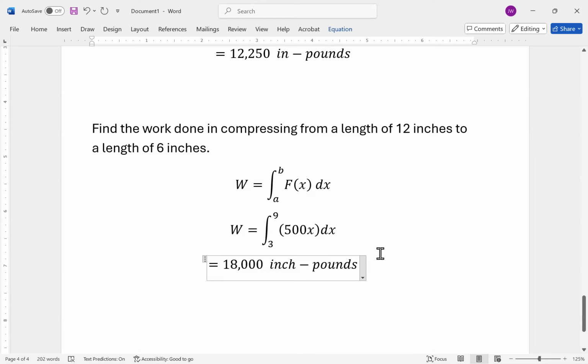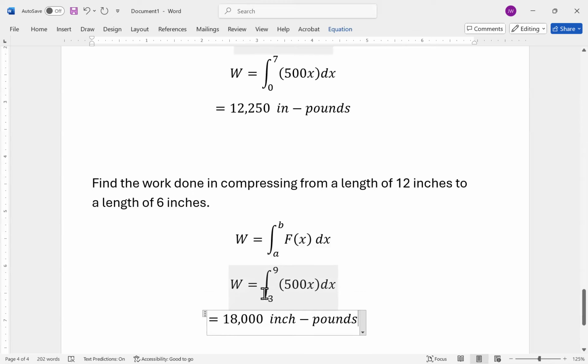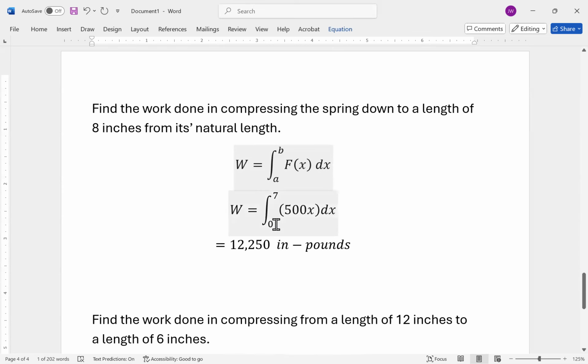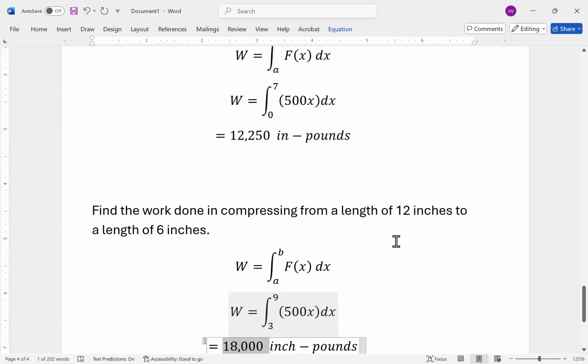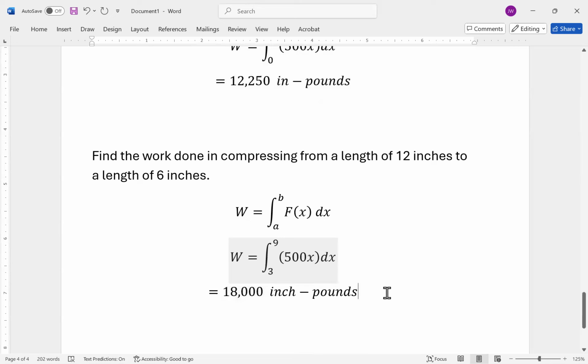So 18,000 inch pounds. Again, we see that this is just a compression of 6, and it took more work to do that 6 than it did to do this first 7. And that's because as you push the spring in, it becomes harder and harder and harder to push in more.